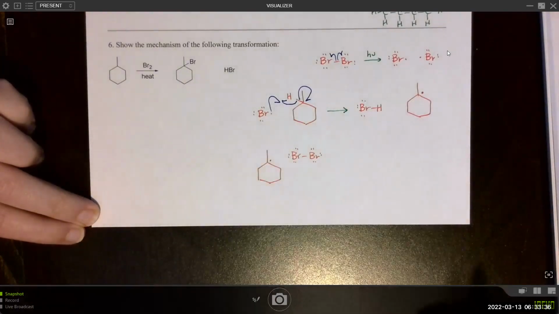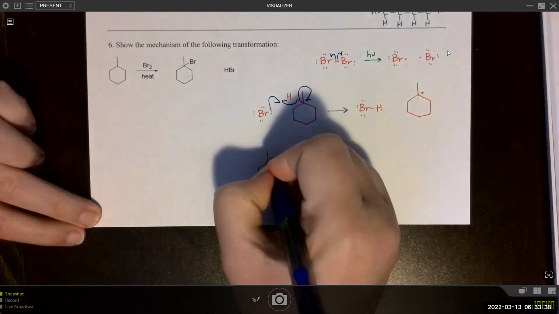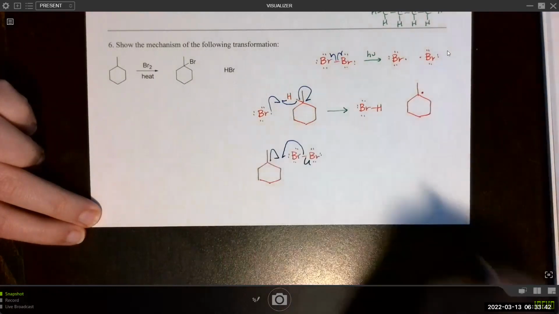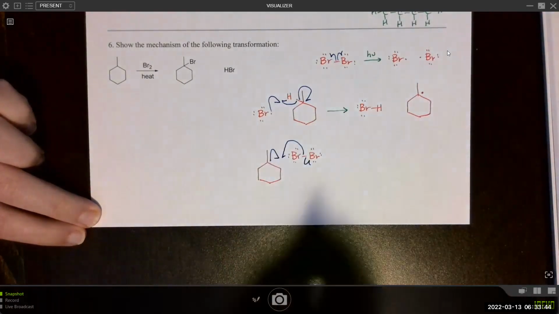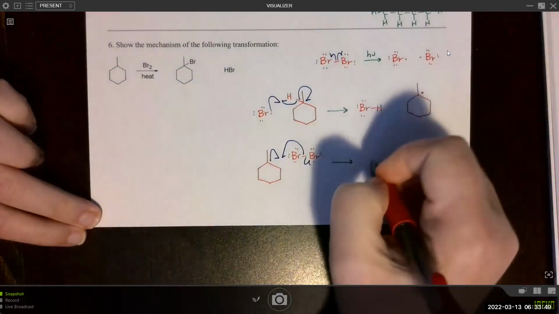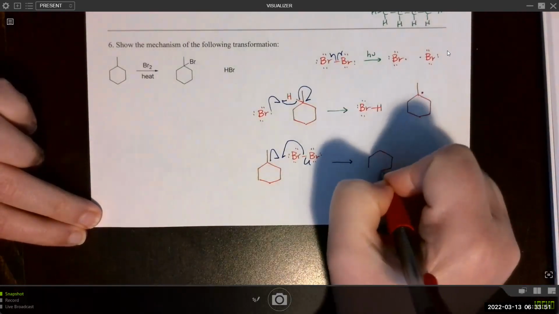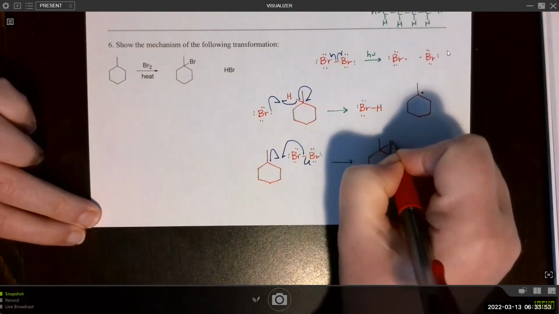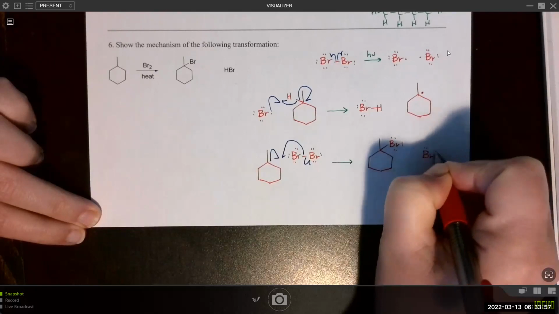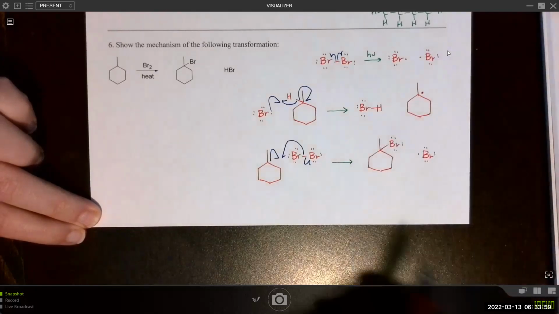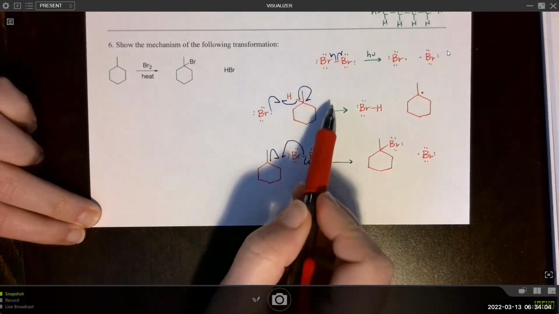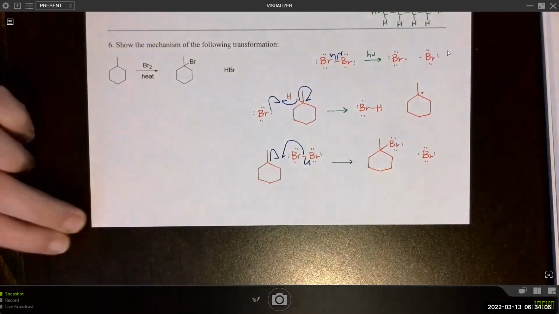So we're just going to do the second propagation step, which is halogen abstraction. And then we reform some bromine radical, which can react with another alkane and complete the chain cycle.